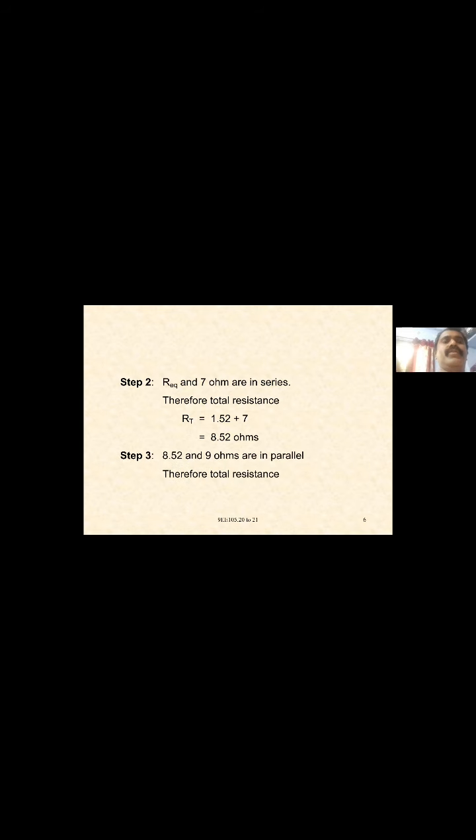The 8.52 ohm and the 9 ohm resistors are connected in parallel, therefore the total resistance RBD is equal to 8.52 into 9 divided by 8.52 plus 9, which is equal to 4.38 ohms. This 4.38 ohms is connected in series with the 2 ohms.